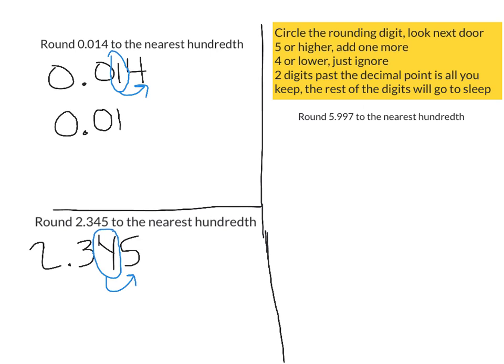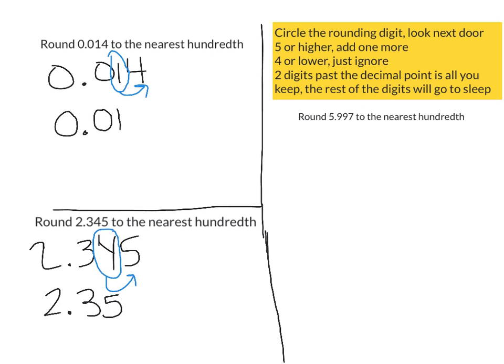When it's 5 or higher, we add 1 more, which means that our 4 is going to move up to a 5. So to write our rounded number, we keep the 2 and the 3 the same, and the 4 is going to round up to a 5. And because we only keep 2 digits past the decimal point, our rounded answer would be 2 and 35 hundredths.